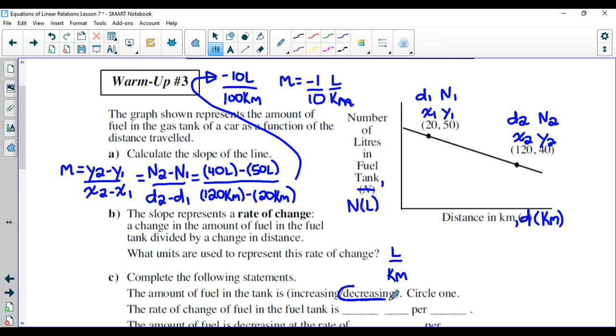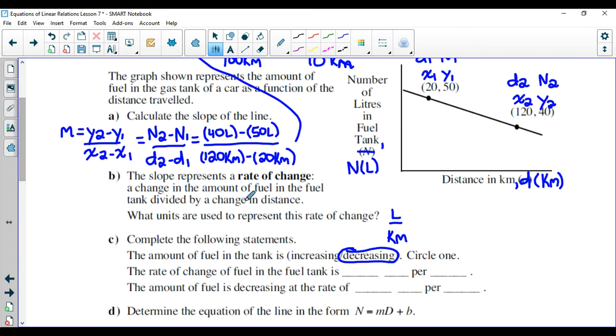C, the amount of fuel in the tank is, well, clearly it's decreasing because you're going to burn that fuel as you drive the vehicle. And you also know it's decreasing because the slope is a negative number. The rate of change of fuel in the fuel tank is, well, we calculated that.